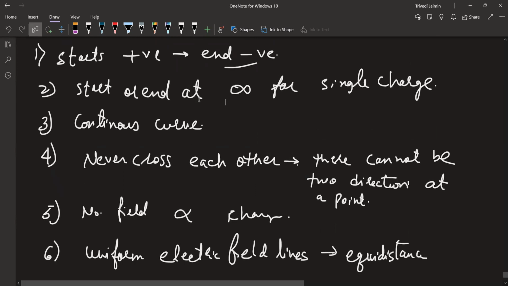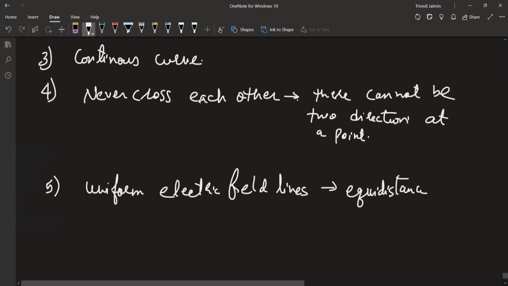So the properties are important, as we know. They never cross each other because there cannot be two directions at a single point. And this point is not that important. They all are equidistant.